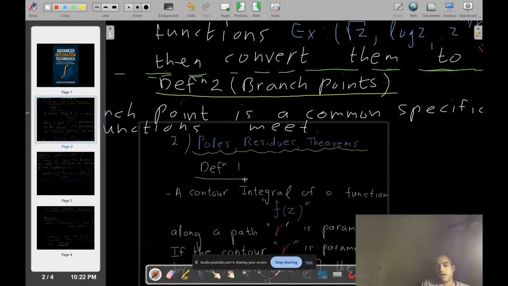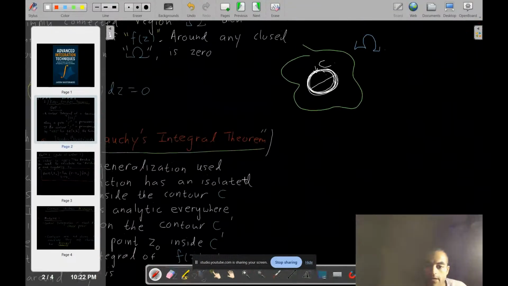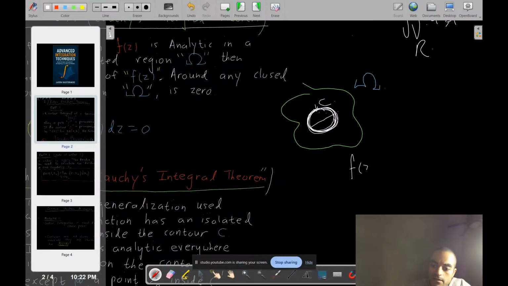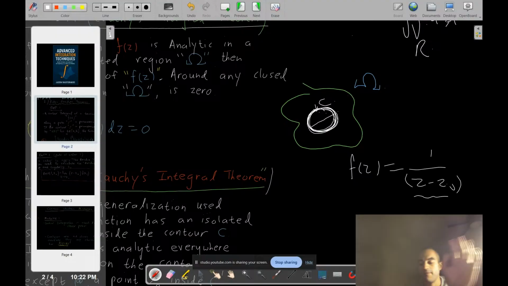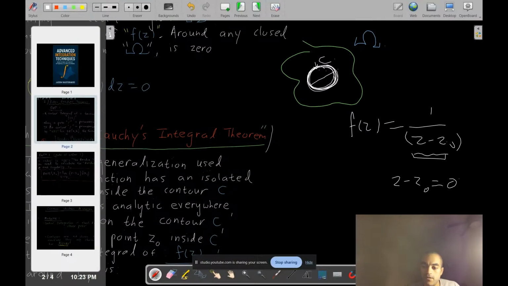So for instance, let's say you have a function f of z equals 1 all over z minus z0, the singularity is this. Now, I know a lot of you are thinking of restrictions. Restrictions are not singularities. Singularities have to deal with the poles, and poles are located by restricting this guy. Quite often you're going to have functions like these when doing contour integration. So you have 1 over z minus z0, set z minus z0 equal to 0, and solve for z equals z0.